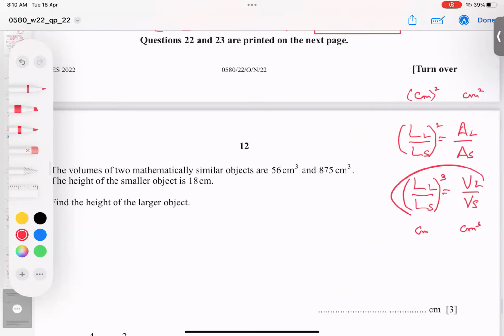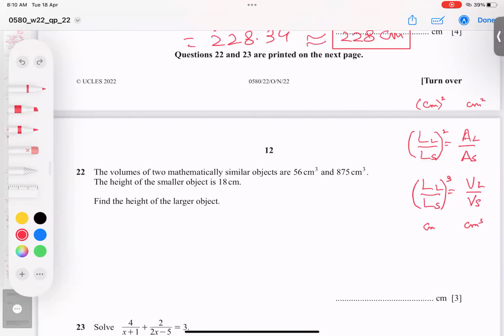Now I will use this formula; the upper ones are just for knowledge purposes. The height of the larger is my target, so I will keep it in the numerator. So length of large, length of small, volume of large, volume of small, and put a 3 here. But you know, 3 can go on the other side and become 1/3 or cube root. Same thing. Volume of large is 875.